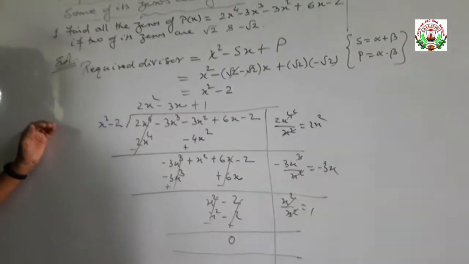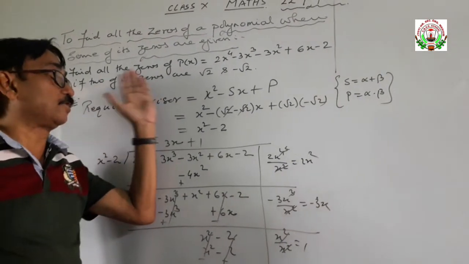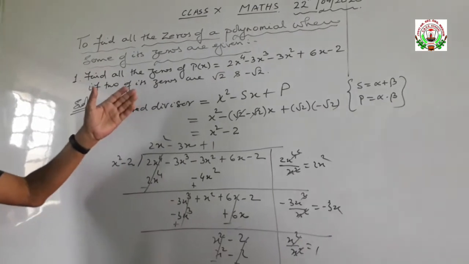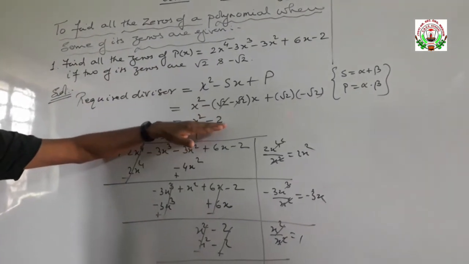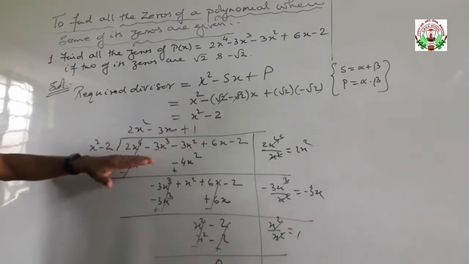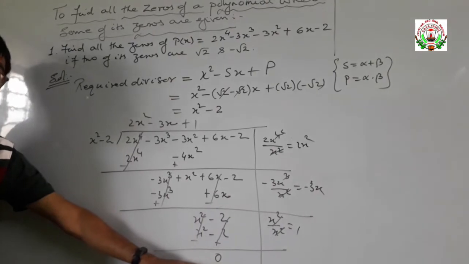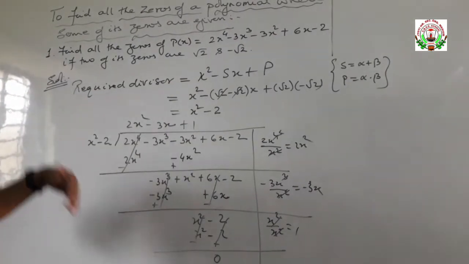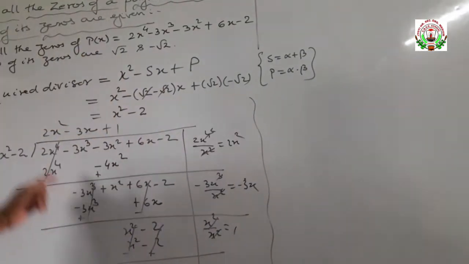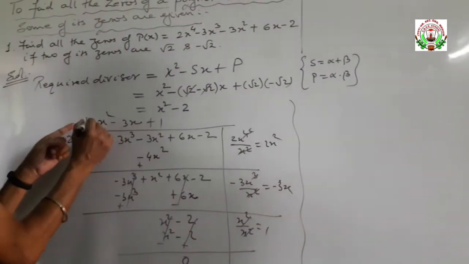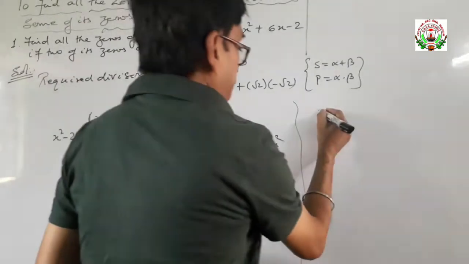So whenever we are calculating the rest of the zeros of a biquadratic polynomial and we are forming a divisor, in that case of division of polynomial, the remainder must always be equal to 0. So now for calculating the rest of the zeros, we got the quotient as 2x square minus 3x plus 1.